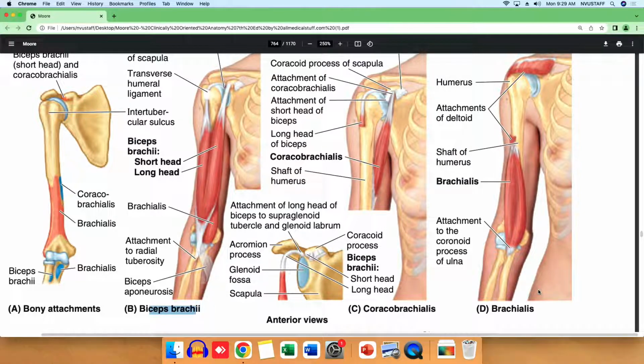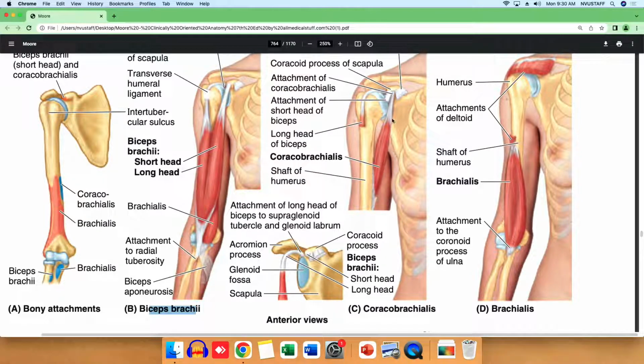Okay, and that's how it looks. On the other side, you do have coracobrachialis, which by its name even tells you that it's not only a muscle of the arm, but it also has an attachment towards the coracoid process of the scapula, and that's true.